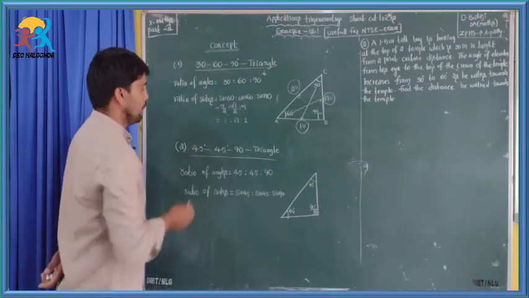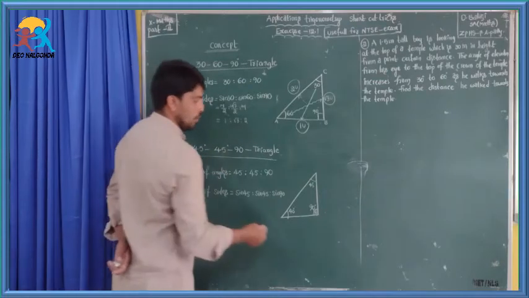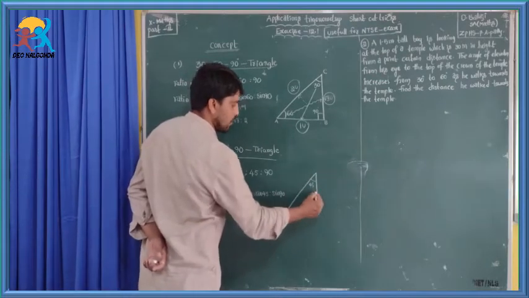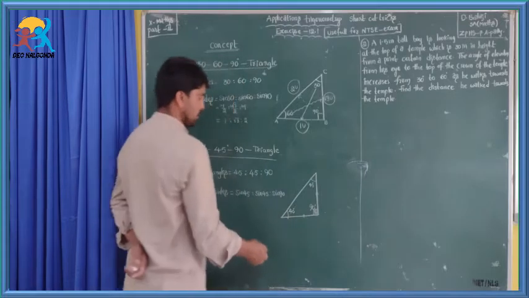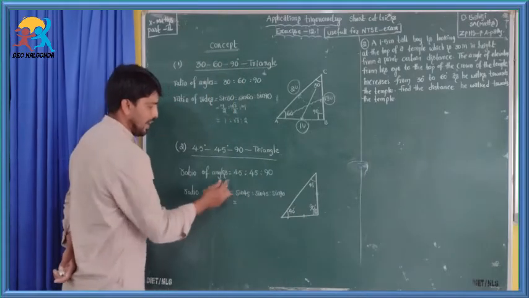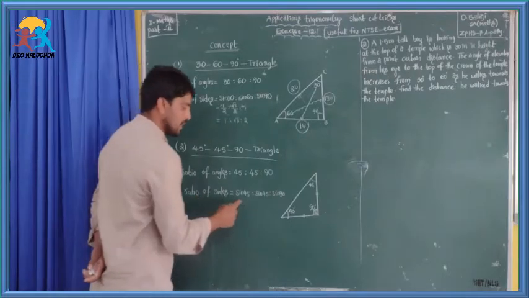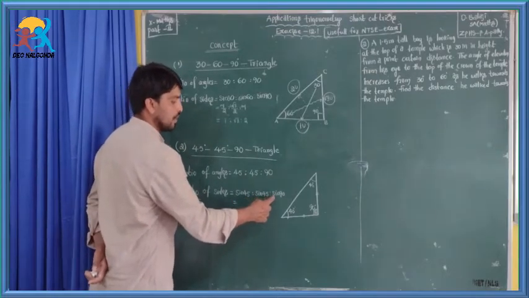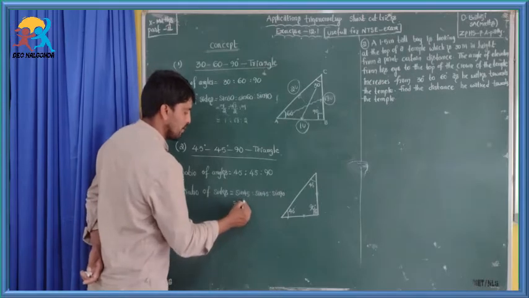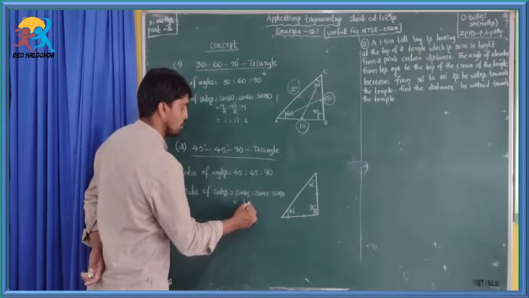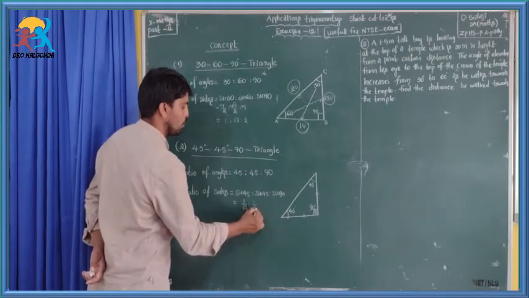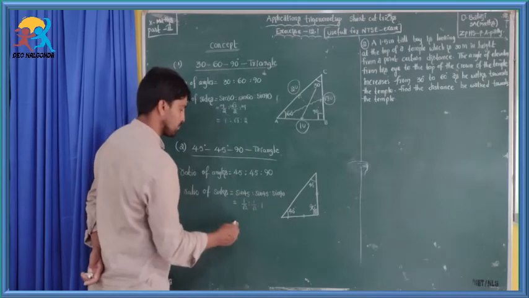Okay. Now 45, 45, 90. If two angles are equal, then these two sides are equal. The angle ratio is 45, 45, 90, so the ratio of sides is sine 45 is to sine 45 is to sine 90. Sine 45 is 1 by root 2, is to 1 by root 2, is to sine 90, which is 1.